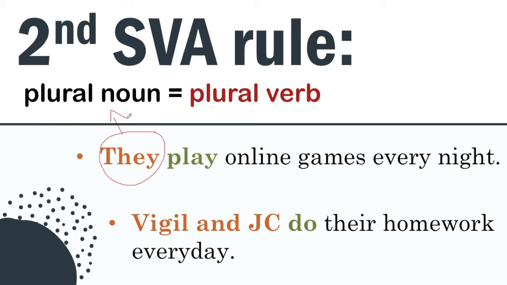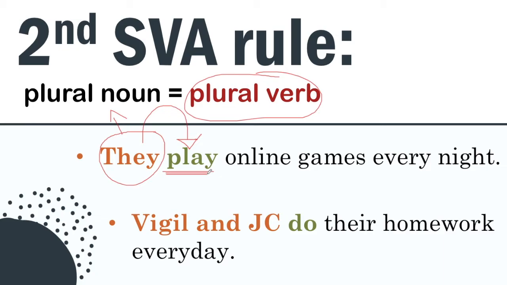Therefore, it's a plural noun or plural subject, right? Definitely, we have to use a plural verb. And if you look at the verb, is it in plural form? Definitely it is. Again, to make a plural verb, we do not add s or es, just the base form. Remember that.